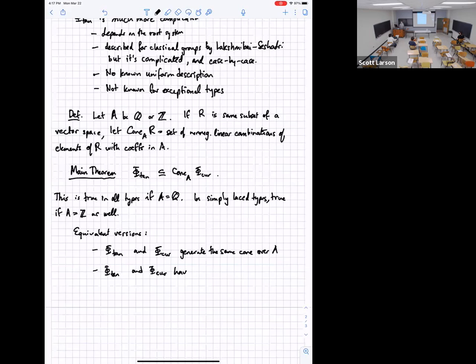So you can decompose everything into indecomposable elements.